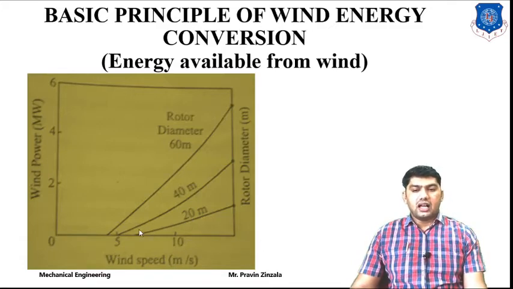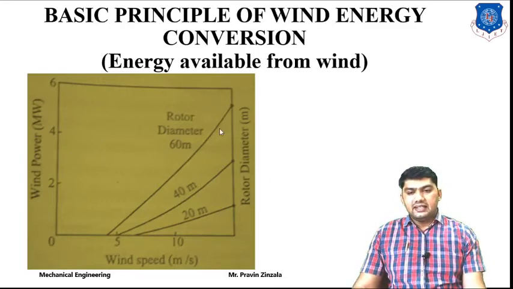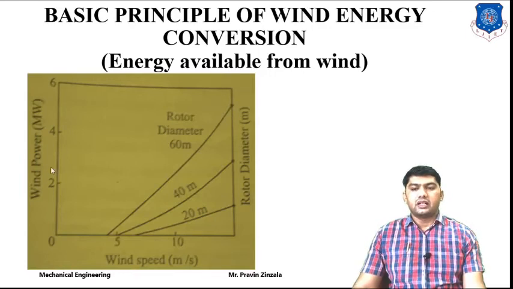This graph for a 20 meter rotor diameter gives near 1 megawatt from a single windmill. Increasing the rotor diameter to 40 meters, we can generate about 2.5 megawatt. By increasing the diameter up to 60 meters, we can generate 5 megawatt from a wind turbine. So this is the graph of wind speed versus wind power and rotor diameter.